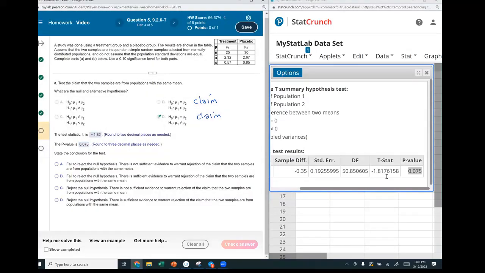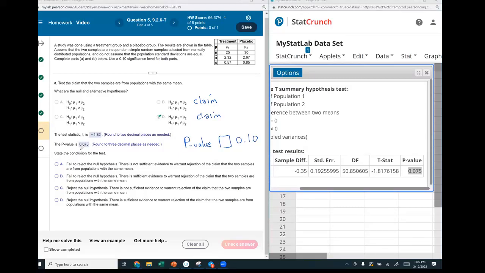And now what's our conclusion? So we look at our p-value, and is it bigger or smaller than our significance level, which is 0.10?